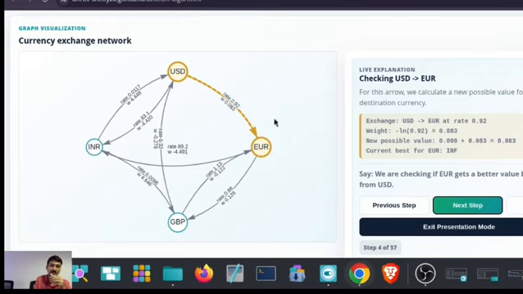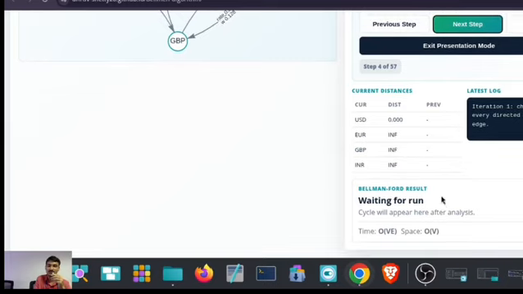As we know, we already considered it as infinity at first. 0.083 is always lesser than infinity and it is the better value, so we replace it with 0.083. As we can observe, the distance is updated.